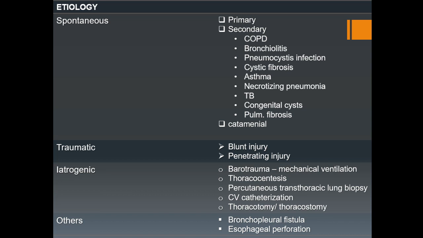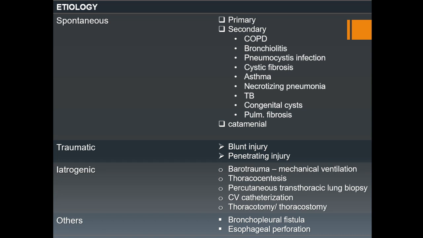You can divide it into primary, when there is no underlying pathology. This is due to congenital bullae or blebs, small and multiple, either unilateral or bilateral, in both lungs or one lung.